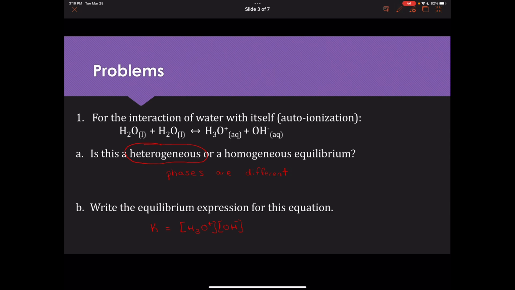However, notice that our reactants are liquid. And remember that our liquids we're going to omit from our K expression. So, since both reactants are liquid, they're not going to show up in our equilibrium expression at all. So our K just equals the concentration of the hydronium times the concentration of the hydroxide.